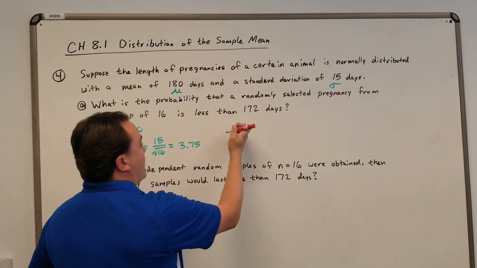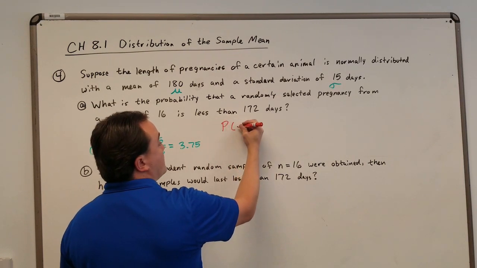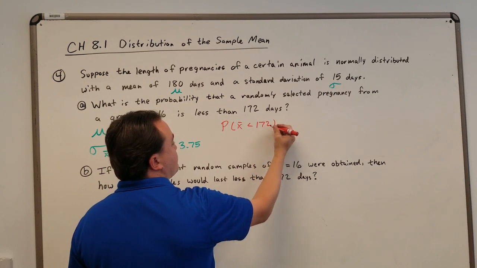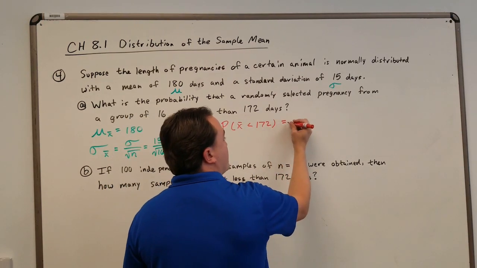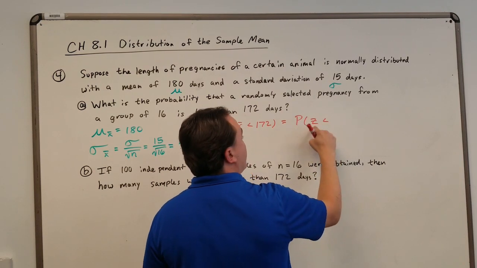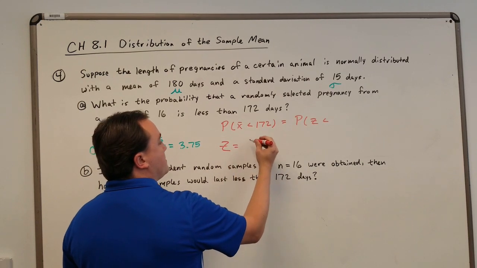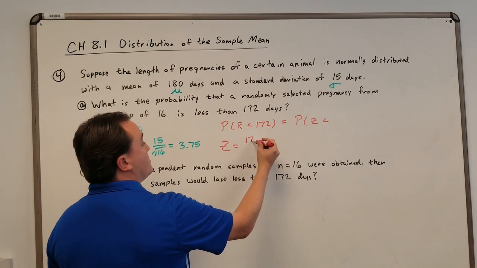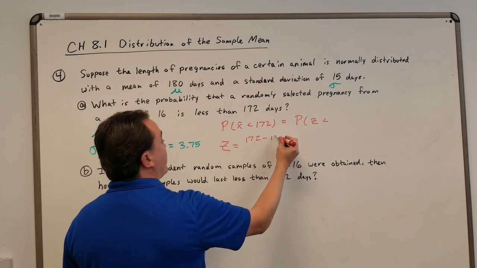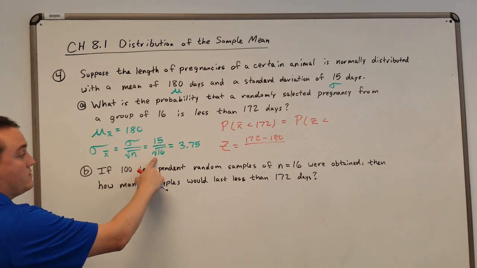So we have, well, we want to know P x is less than 172, right? But we really need P of z less than, but we don't know what z is yet, so we're going to figure that out. So we have z equals x, which is 172, minus the mean of 180, divided by our standard error, which is 3.75.